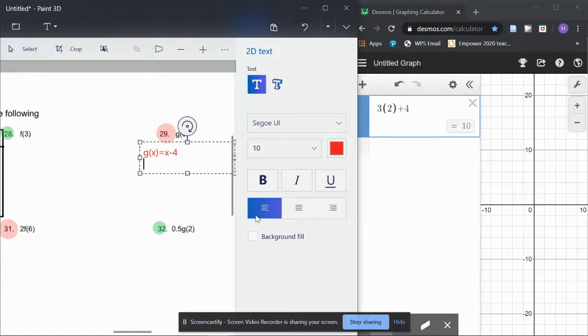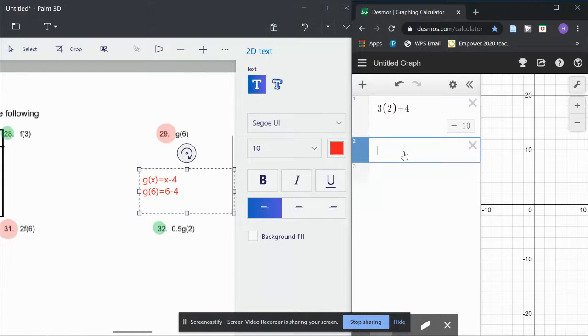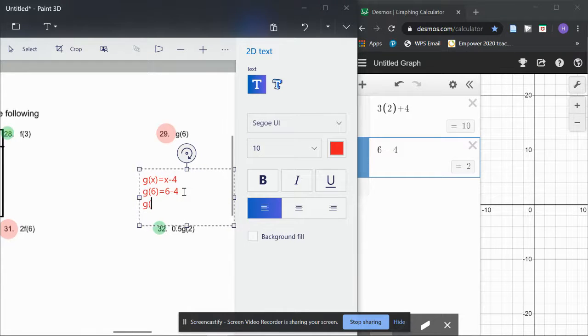Next we're going to plug in 6, because that's what our problem tells us, inside the parentheses here. That also means we put a 6 wherever we see an x in this problem. The only place there's an x is right here, so we're going to do 6 minus 4. You can use your calculator if that helps. Check your math, 100%. 6 minus 4 is just going to give us 2. So we can say that g of 6 equals 2.